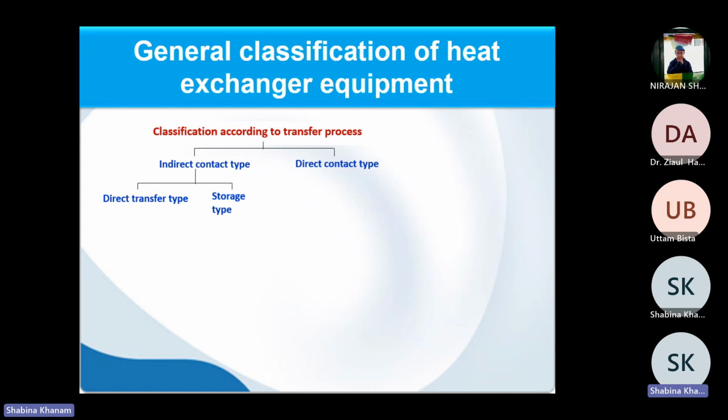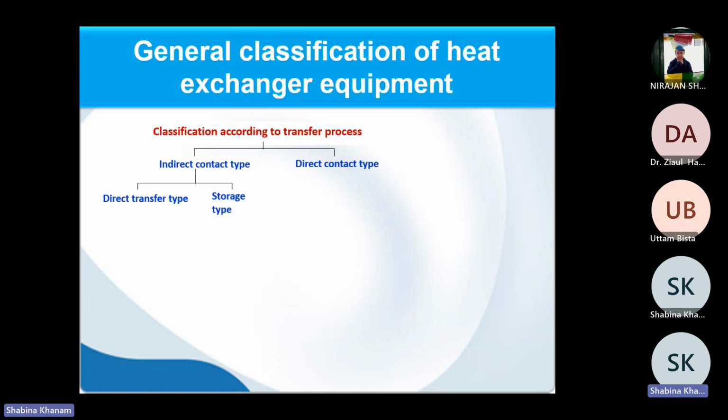Direct transfer type means, let's say I have two fluids flowing in a double pipe heat exchanger. Heat is transferred from the hot fluid to the separating wall and from the separating wall to the cold fluid. It means heat flows by its natural tendency from high temperature to low temperature through the wall. That is the direct transfer type.